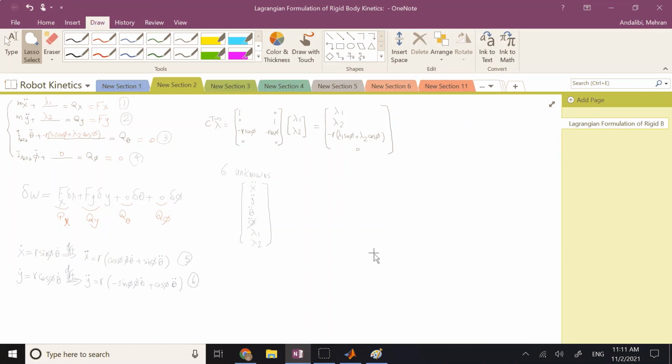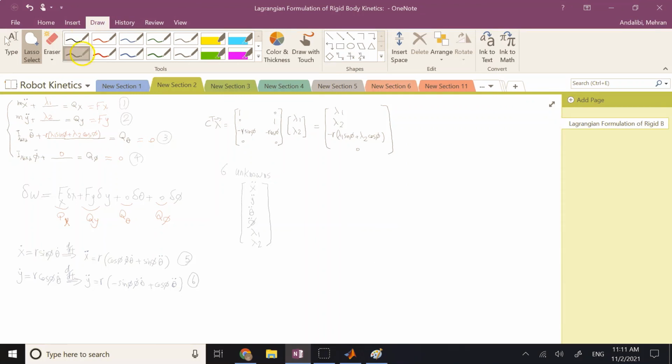So it all depends on what you want to do. If you don't care, let's say, about theta, you can also eliminate theta, right? And if you just care about x and y, then you only find x and y.